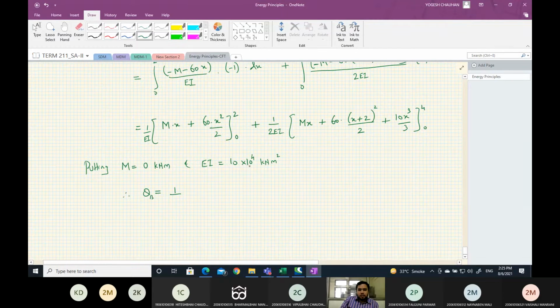We are converting EI, that is flexibility, into kilonewton meter square because your distances are in meter and the forces are in kilonewton.